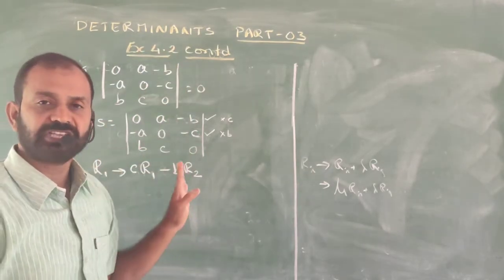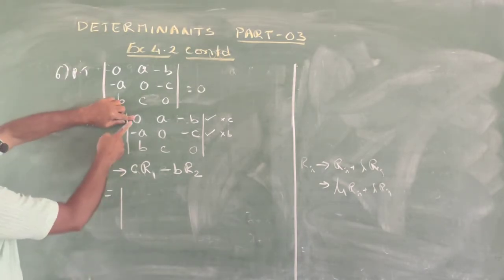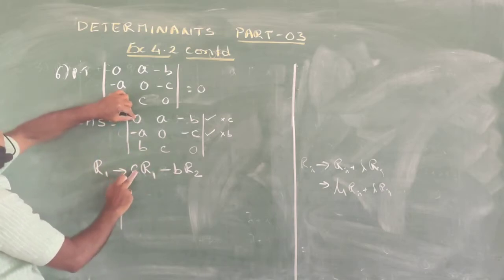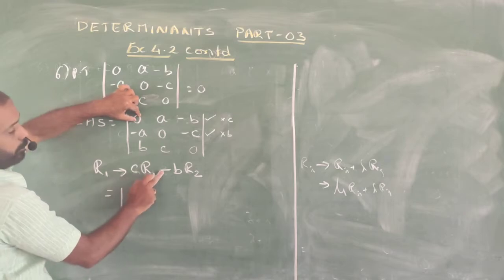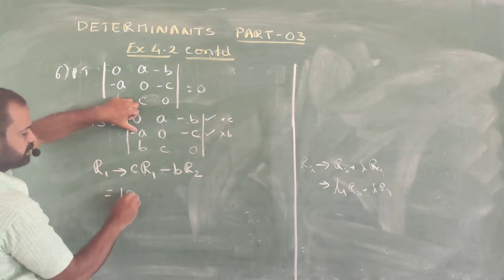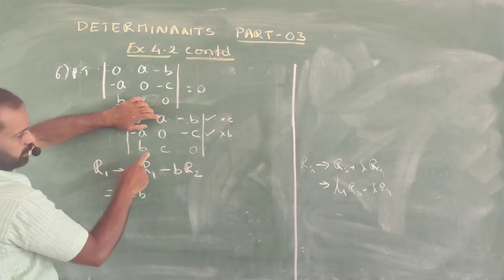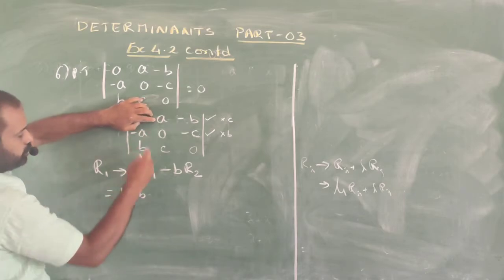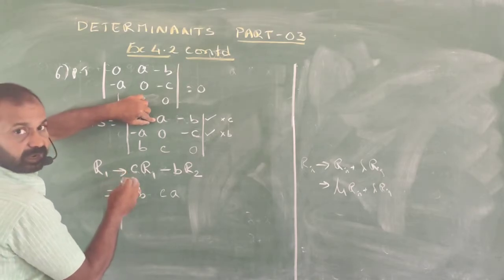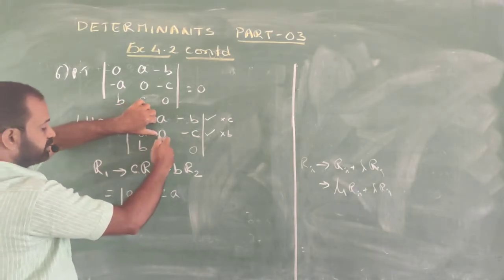The value will not change. Now, this is equal to C into R1, this is 0, minus B into A, that is minus A into minus B, which is plus AB. Next, C into A, that is CA, minus B into R2, this is 0.